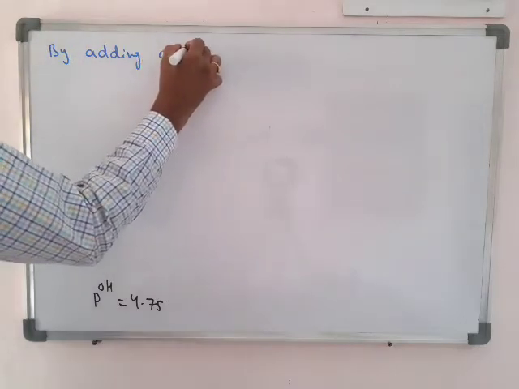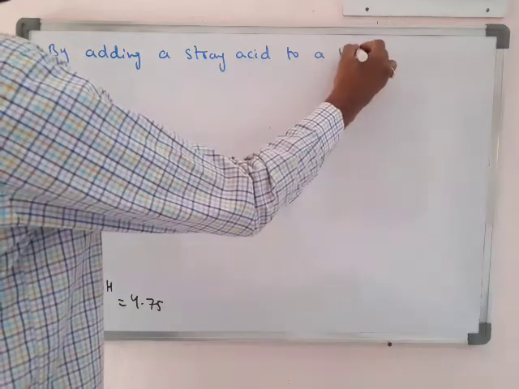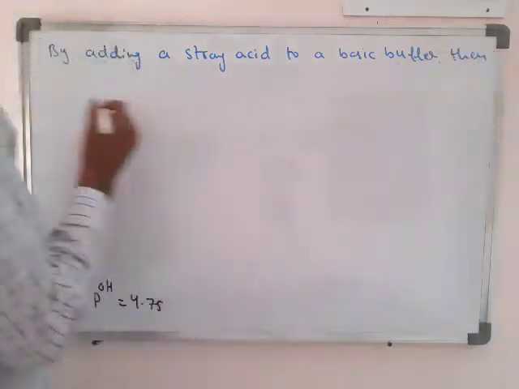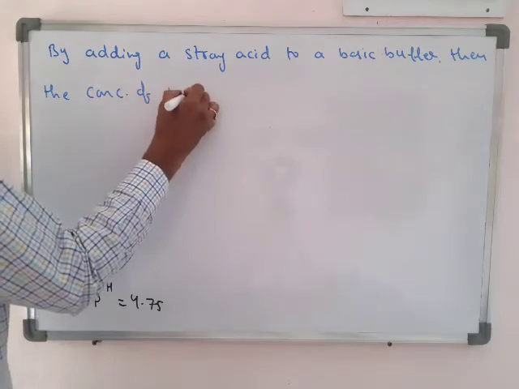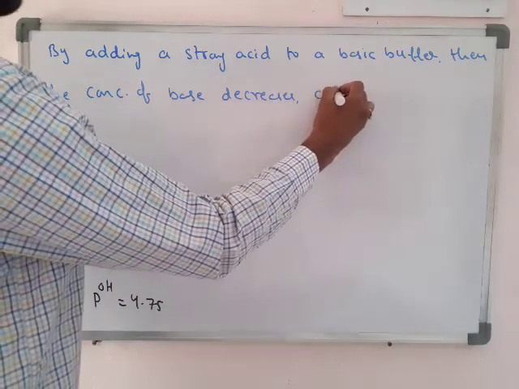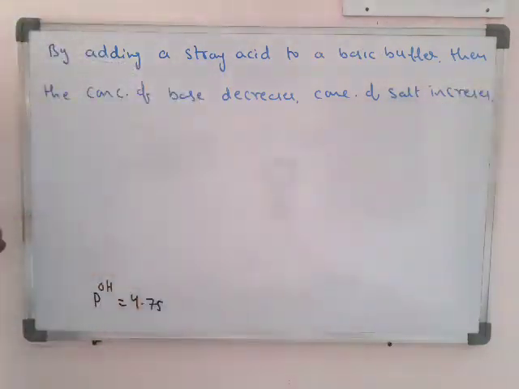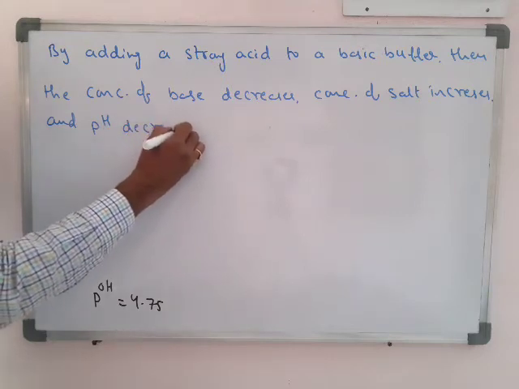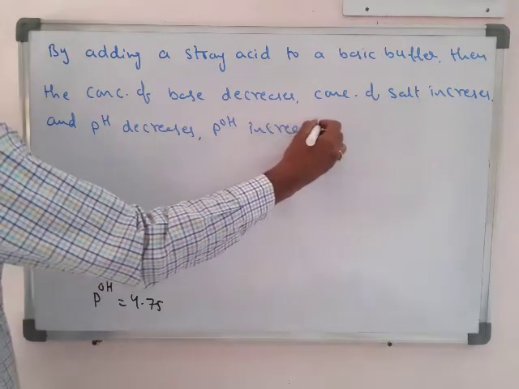By adding a strong acid to a basic buffer, the concentration of base decreases, the concentration of salt increases, and pH decreases. pH decreases, nothing but pOH increases.